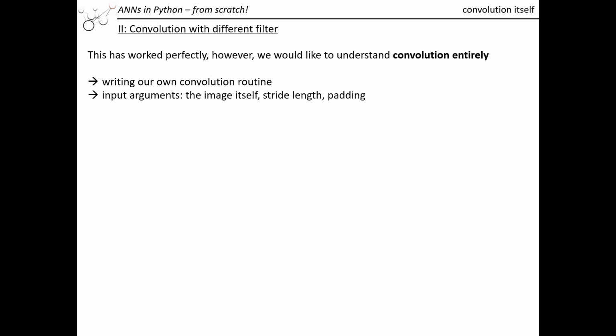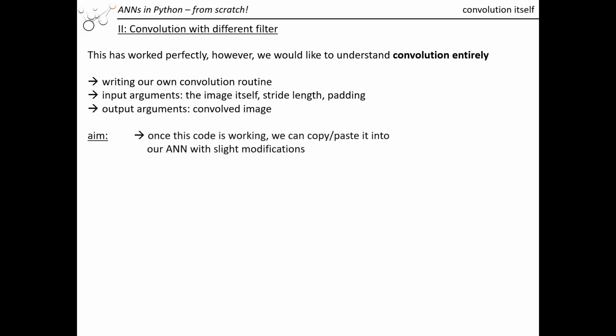And we want to play a bit with those different settings, with different stride length and different padding. The output is, of course, the convolved image, and we want to take a look at the result, so that we get a feeling about what stride actually means, and what the effect of different stride length and different padding is on the resulting image.